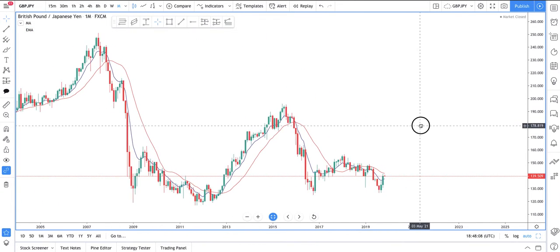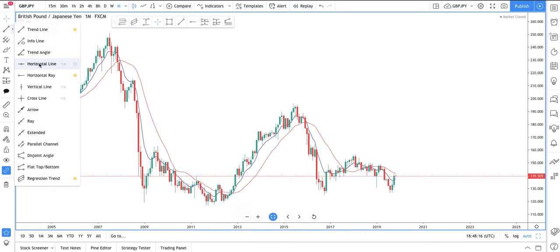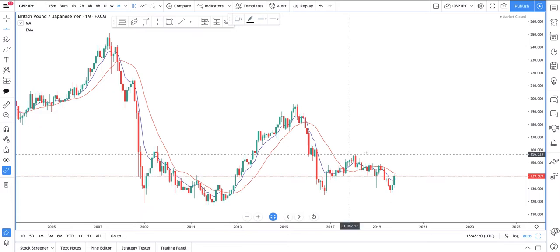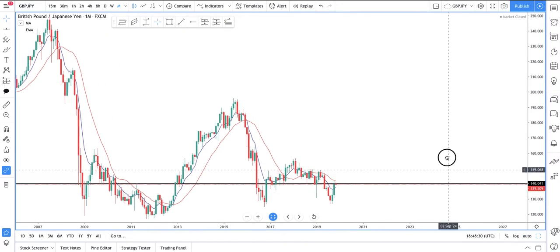This is how I begin. So first of all, I go ahead and plot my key level support and resistance, which I believe is somewhere around here. That's one of my support levels.